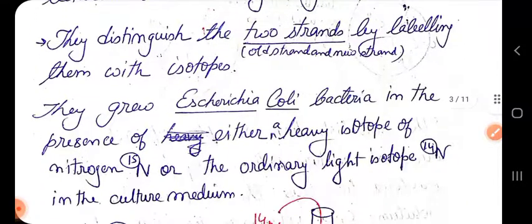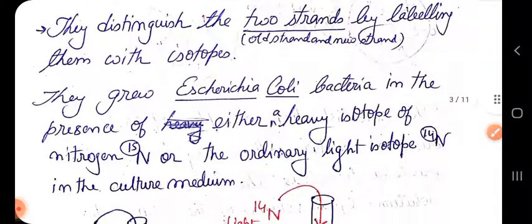They used the bacterium E. coli as a source organism to label their DNA. They grew E. coli bacteria in the presence of either a heavy isotope of nitrogen, N15, or the ordinary light isotope of nitrogen, N14, in the culture medium.